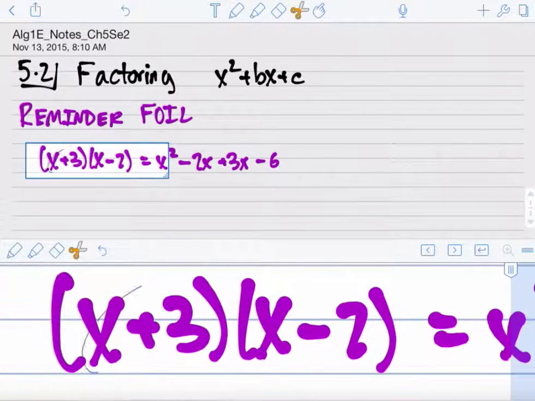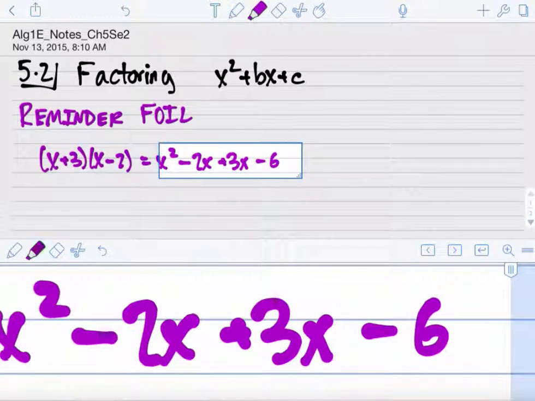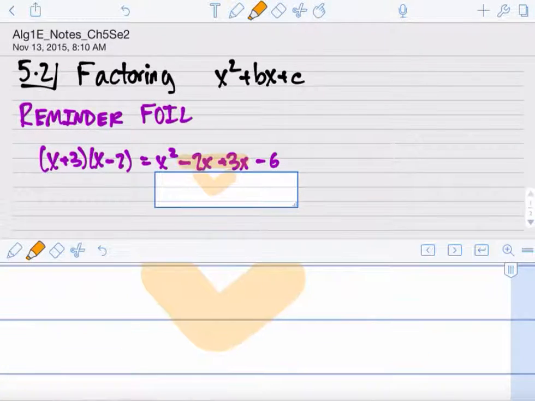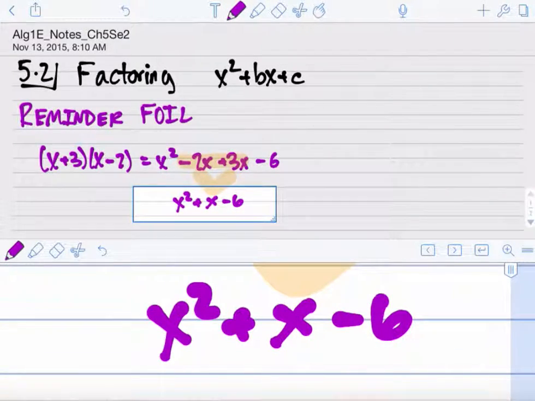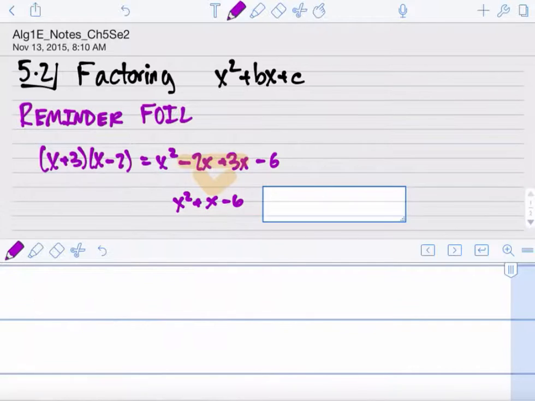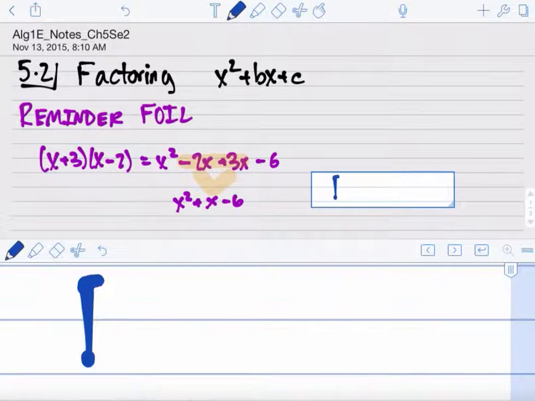That is x times x, x and negative 2, 3 and x, and 3 and negative 2. Then we take these two middle terms and combine them to get x, and we have x squared plus x minus 6. Alright, so that's FOIL. If I want to factor that, I'm going to use something called reverse FOIL.